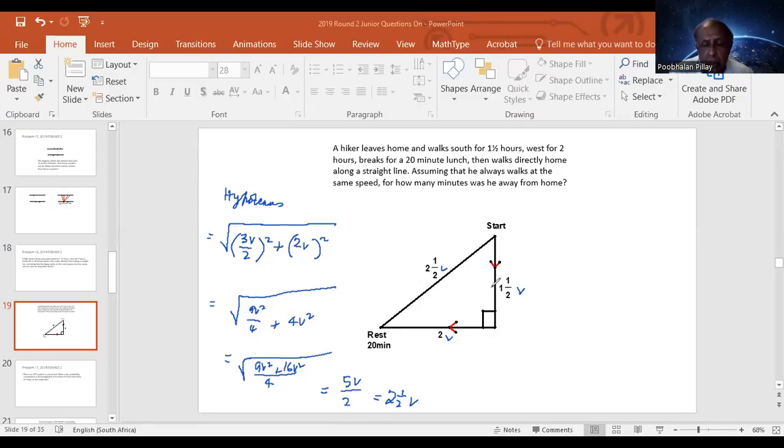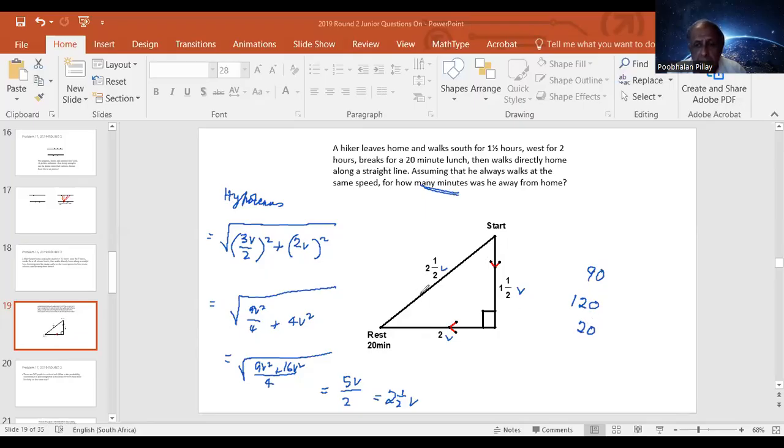So now to calculate the total time, remember, assuming that he always walks at the same speed, for how many minutes was he away from home? Here he was away from home for 90 minutes, 1.5 hours, which is 60 plus 30. Here he was away for 2 hours, which is 120. He rested for 20 minutes, so you have to count that time as well.